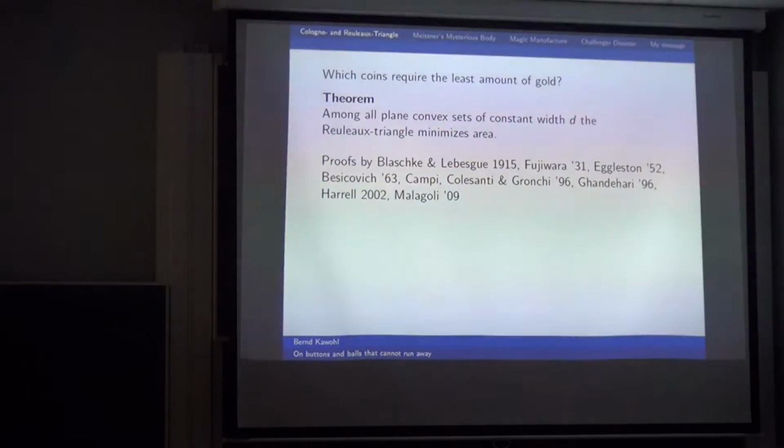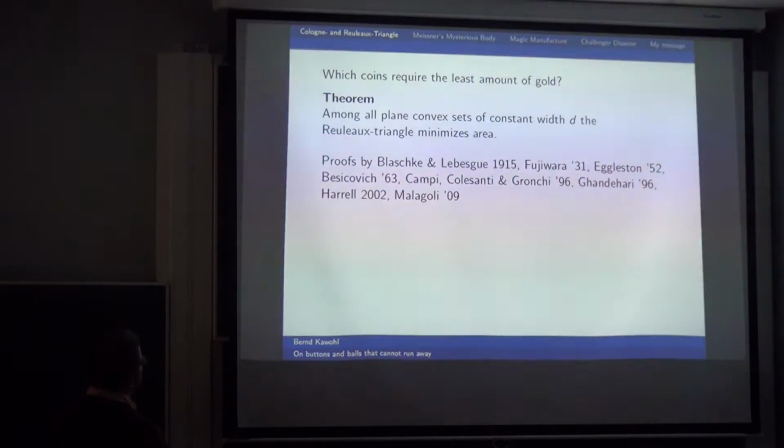Now, which coins require the least amount of gold? Silver coins, maybe, but there is a theorem that says among all plane convex sets of constant width, the Reuleaux triangle minimizes area. And this is a non-trivial theorem. There are many different proofs.